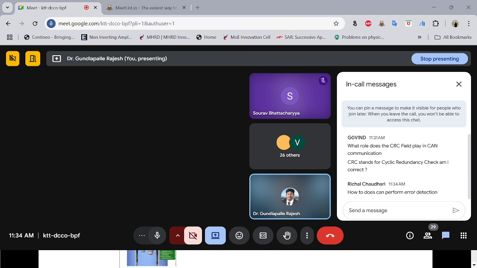Then CIA, that is CAN in Automation. If you want to become a CIA member, there is a body governed by the USA. CIA means CAN in Automation, and you can become a member at any time through this portal.